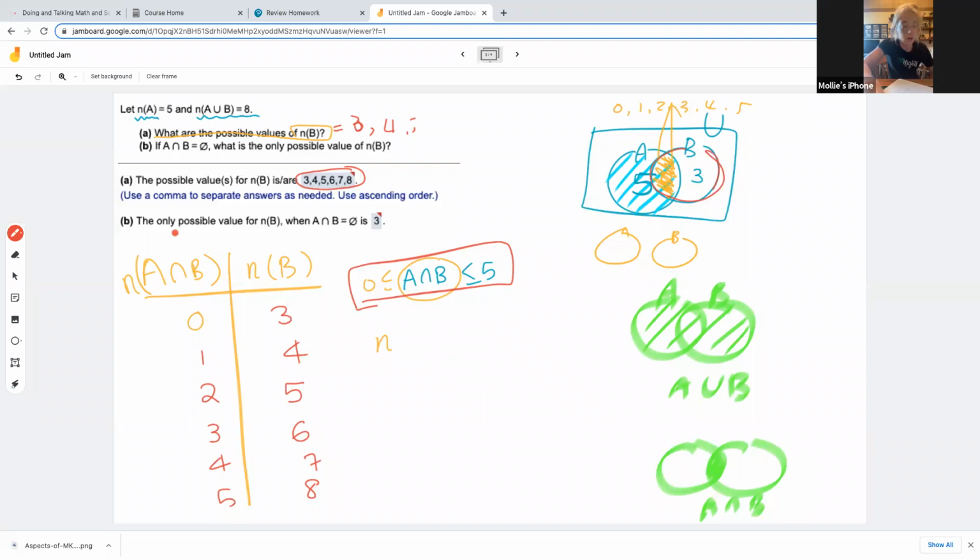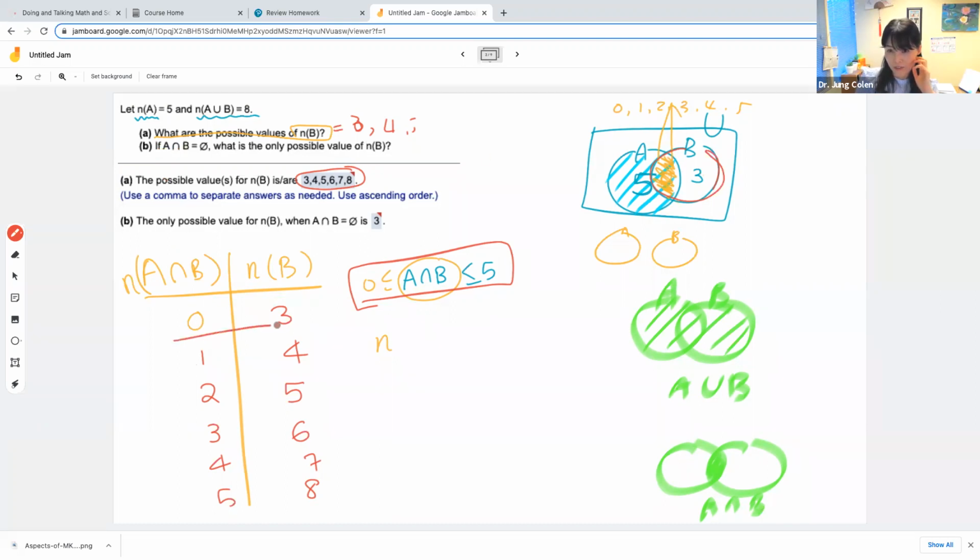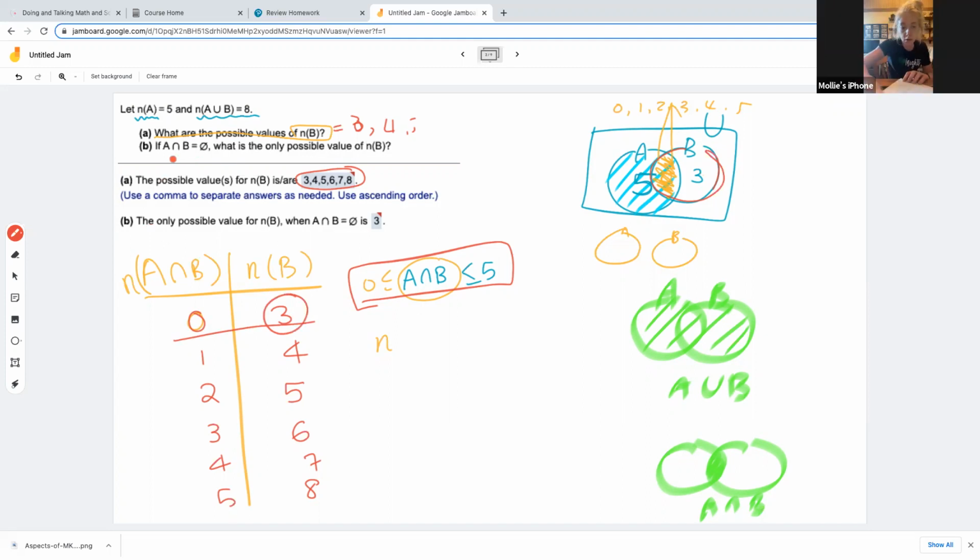Okay, good. Now part B says if A intersection B is empty, like this one, right? If A intersection B is empty, there's nothing, no elements in it. What is the only possible value for NB? Of course, 3. Right? So even if it's saying, what if the number of elements in A union B is 3?